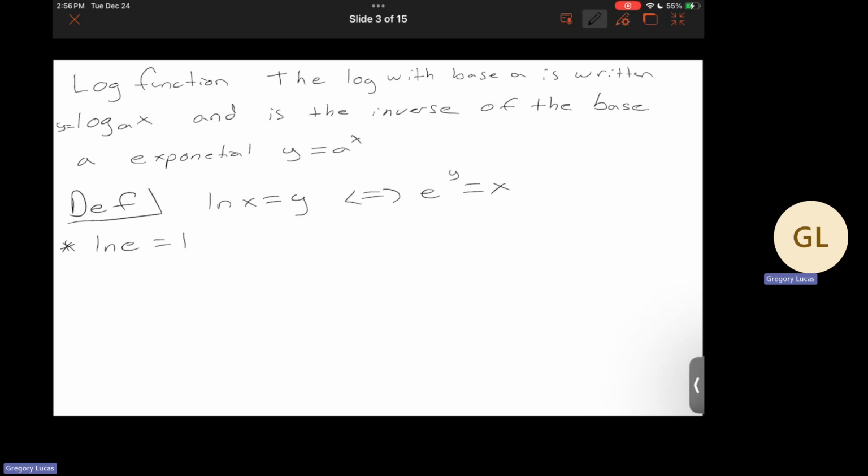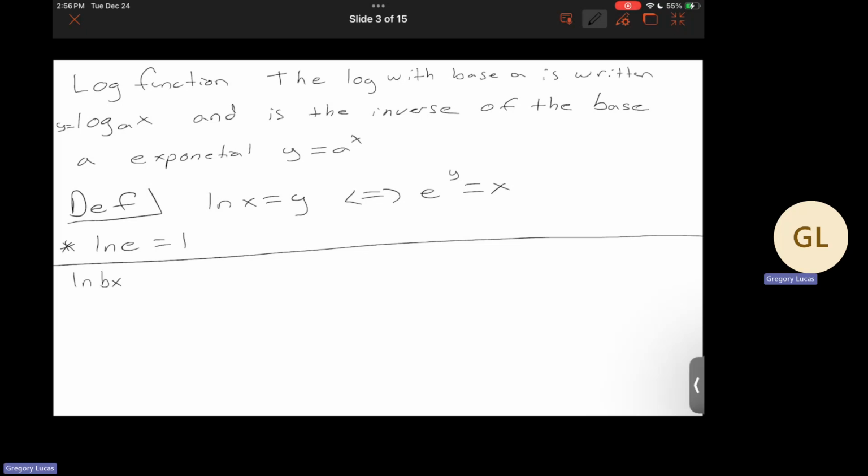Okay, so let's use some properties of logs now. Some properties we're going to use, I'm going to write them all with the natural log. You could replace the natural log with log without changing anything. But first off, let's look at our product rule. So I have ln bx.